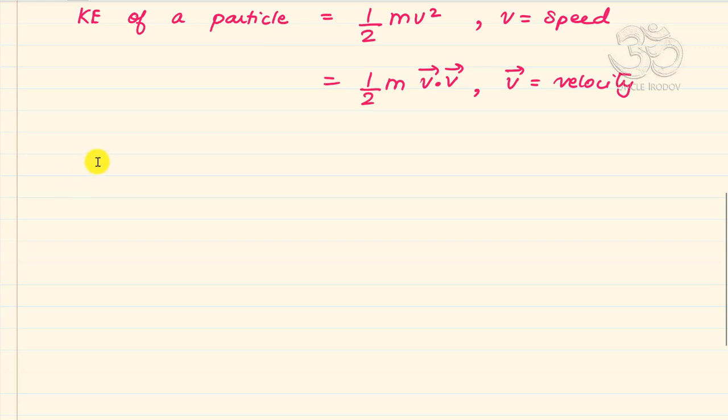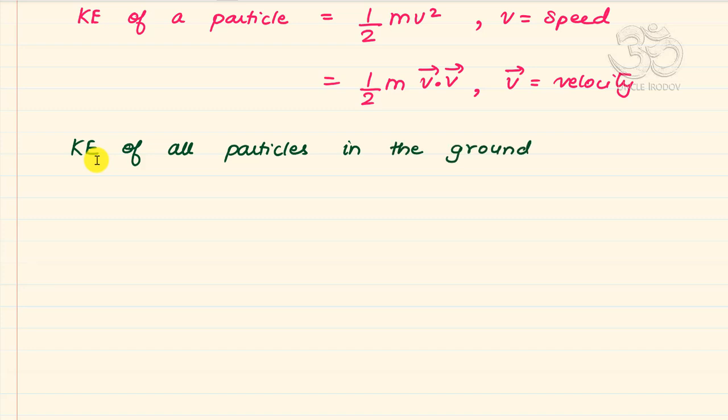So the kinetic energy of all the particles in the ground frame, and what do I get? That will be the kinetic energy of the first particle plus the kinetic energy of the second particle plus the kinetic energy of the third particle and so on.